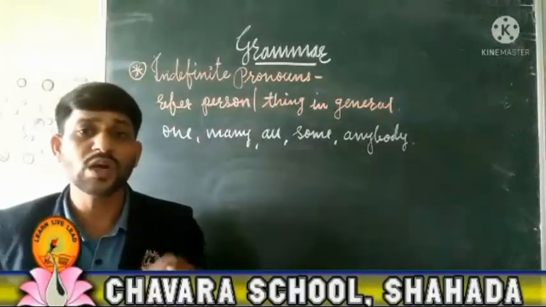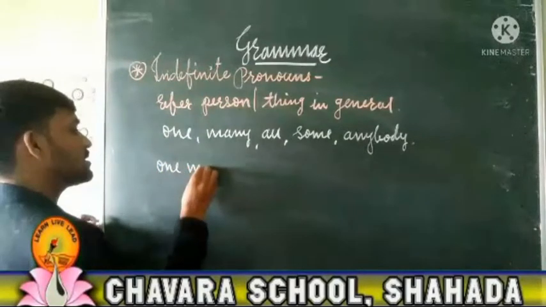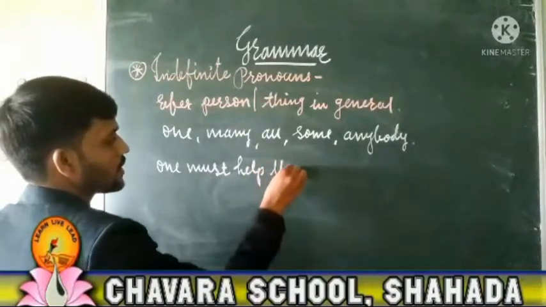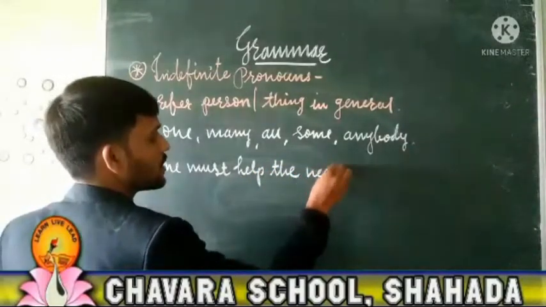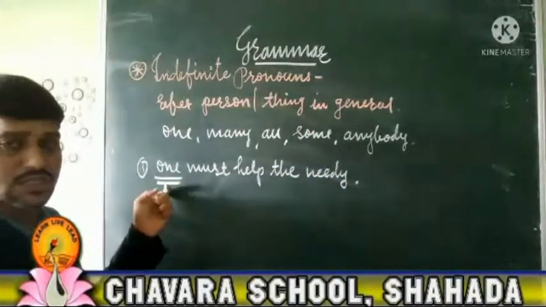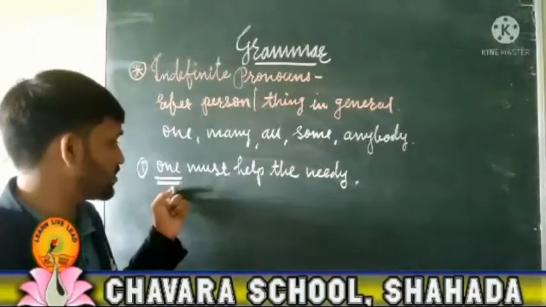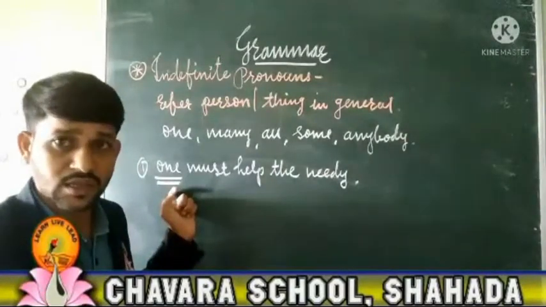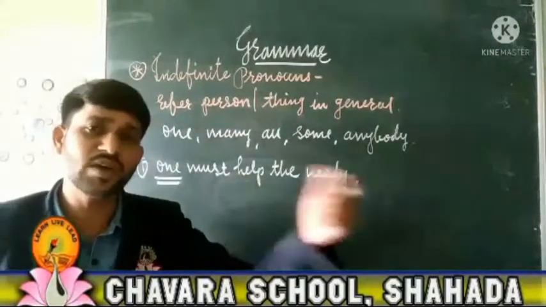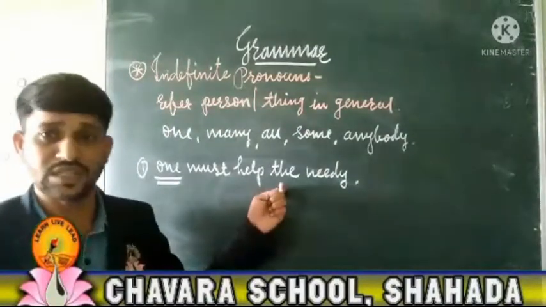For example, one must help the needy. One must means who? One means not a specific person. One must means all beings. It is used for general. Anyone can help. So one must help the needy.